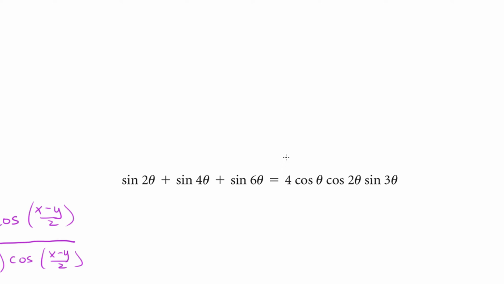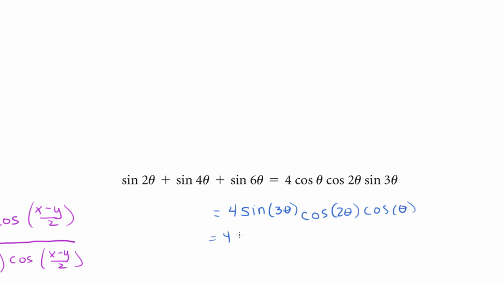I want to get all sines. So I'm going to group specific terms so I can get all sines. I'm going to rewrite the sine of 3 theta in the front. So this becomes 4 sine of 3 theta times cosine of 2 theta times cosine of theta.